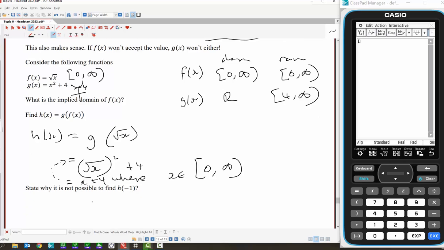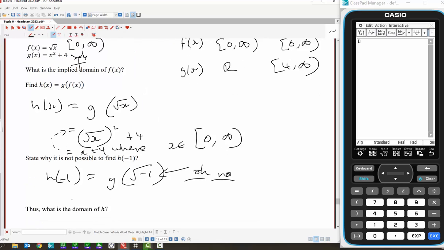Now the reason we can't do it is if we say h of -1, that's g of, and we'll put -1 into this, which is root -1. Now we can't find the square root of -1, so this is the oh no scenario. Alright, this is not real.